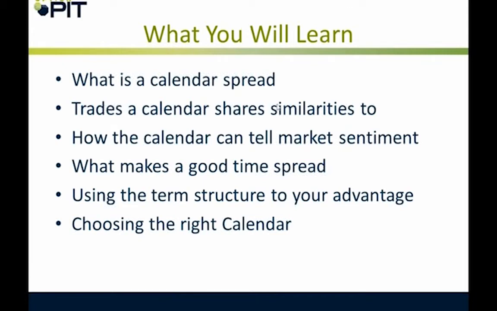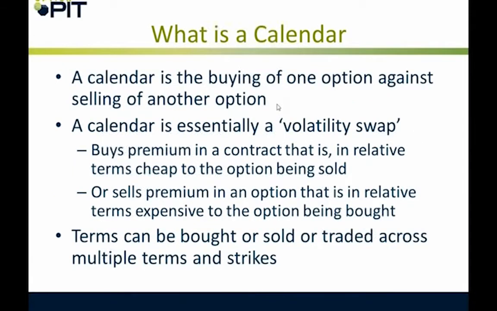So let's begin. A calendar is the buying of one option against the selling of another option. There are calendar spreads in futures as well. One can do a calendar spread in something like corn, where they buy old crop and sell new crop, or vice versa. But when I talk options, we're talking about selling an option and buying an option against it.